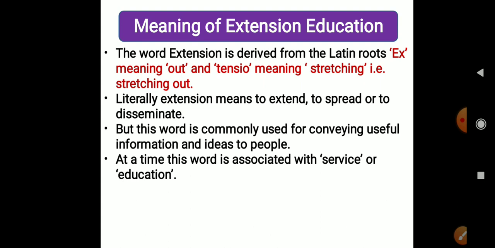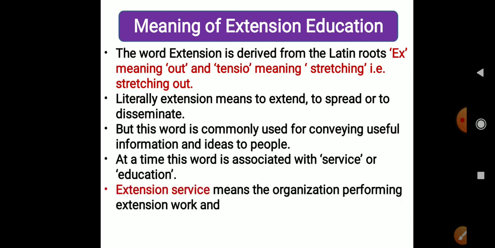Most of the time the word extension is found associated with service or education. That means extension service or extension education. So what does extension service mean? It is the organization performing the extension work.